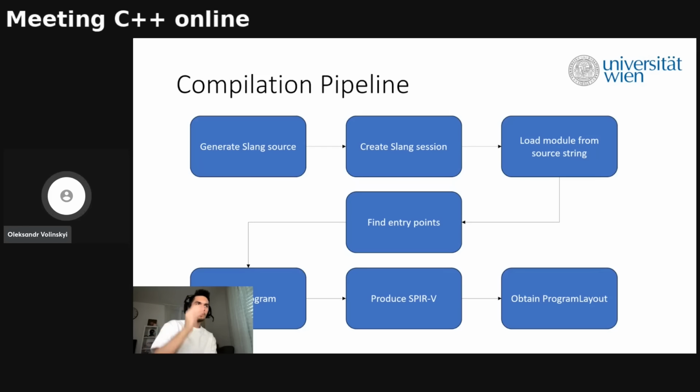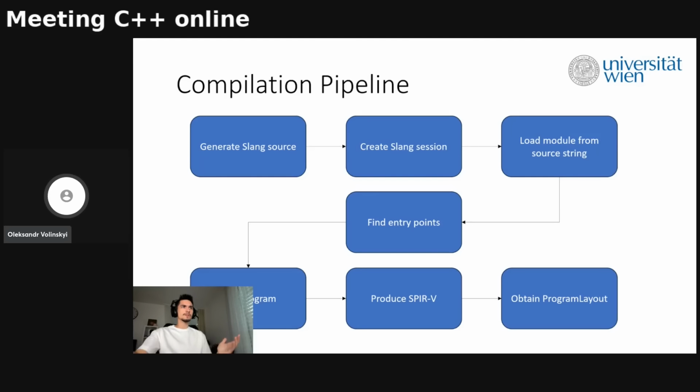After it was generated, the compilation begins, and the compilation pipeline follows basically the Slang API workflow. The whole workflow that you can see here is written in the Slang compilation API documentation, and it clearly follows that. So how does it work?